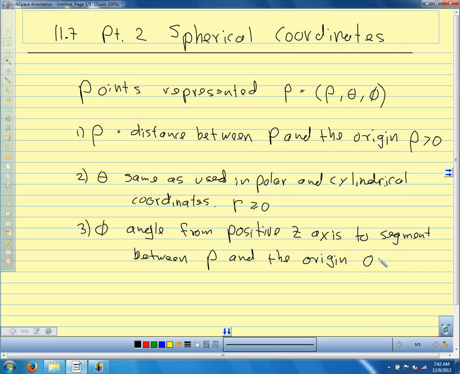And we're going to say that 0 is less than or equal to phi less than or equal to pi. So phi goes from the positive z-axis to the negative z-axis only.